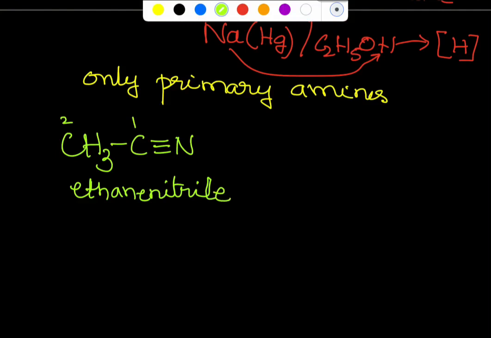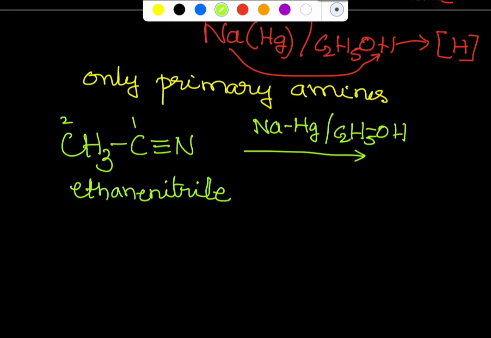Take ethane nitrile and subject it to reduction. You can go for any of the reducing agents. Let me take sodium amalgam in ethanol. The CN group is converted into a CH2NH2 group.